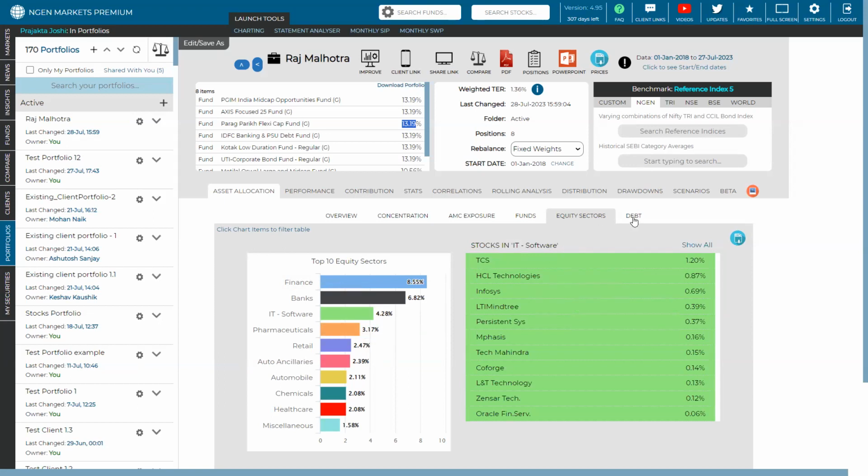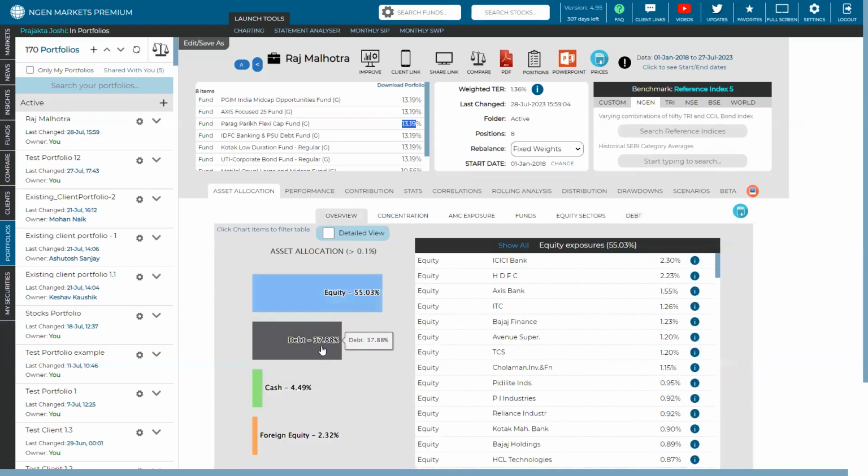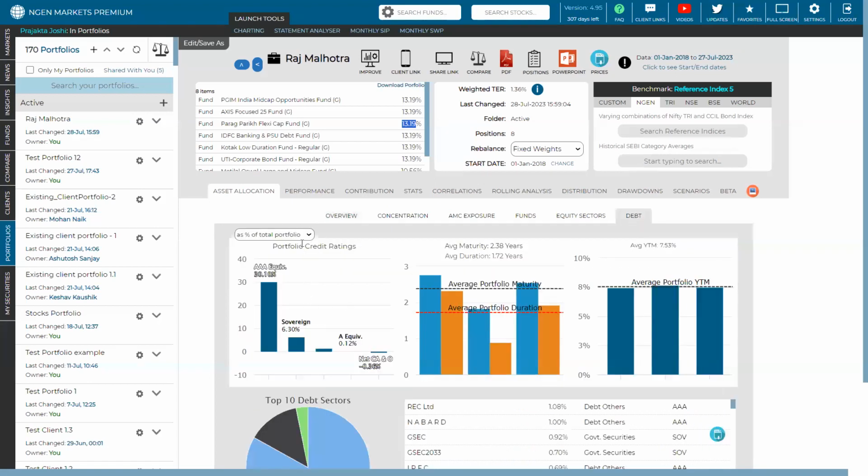Now we also have some debt component in the portfolio, and we would like to check the credit ratings of the debt part of the portfolio. For that, head over to the debt tab, and from this drop down, just choose percentage of debt exposure. The debt in the portfolio is 37 or 38 odd percent, right? So if we assume 38 odd percent as 100%, what among that 38% is coming from AAA rated or sovereign rated securities?